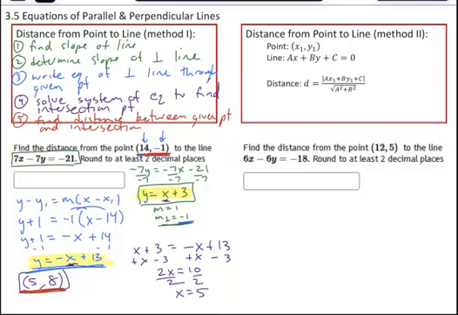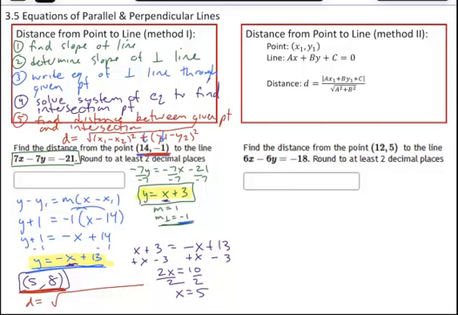And the way that you're going to do that is use the distance formula, which you do need to know, and you will need to know for your final as well. The distance formula is the difference of the x's squared plus the difference of the y's squared. That is the final step in this.